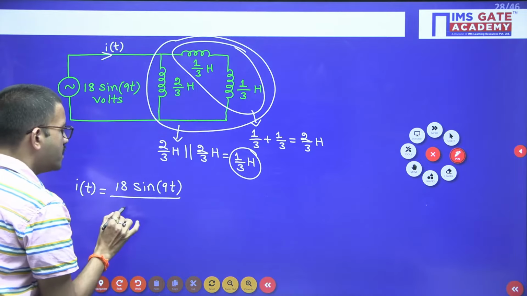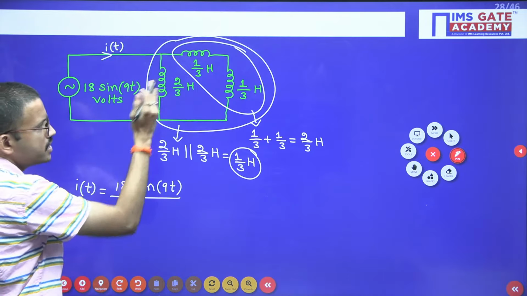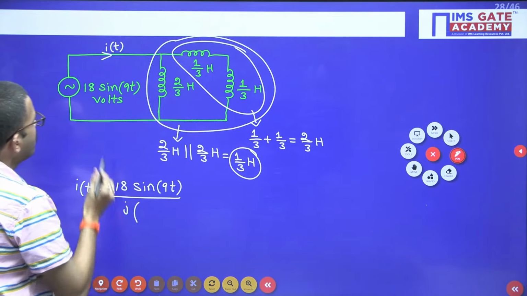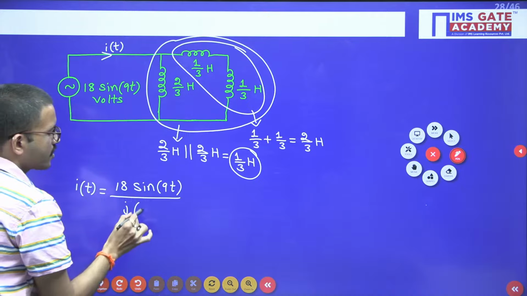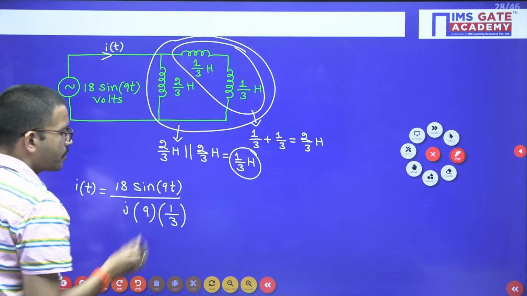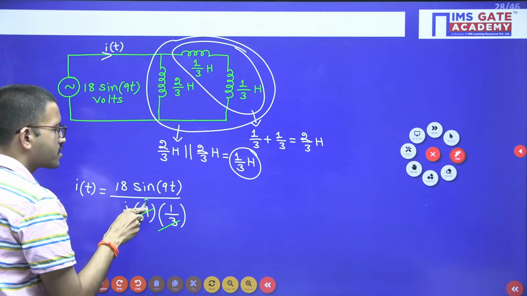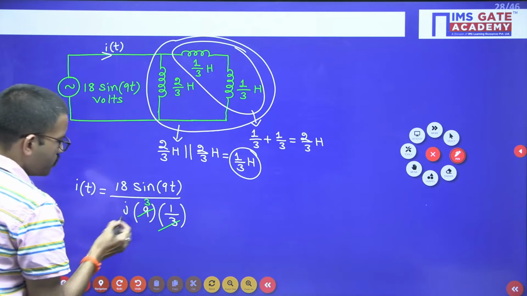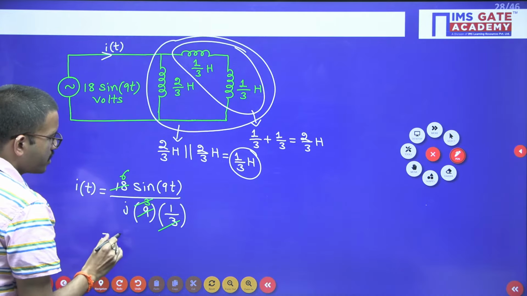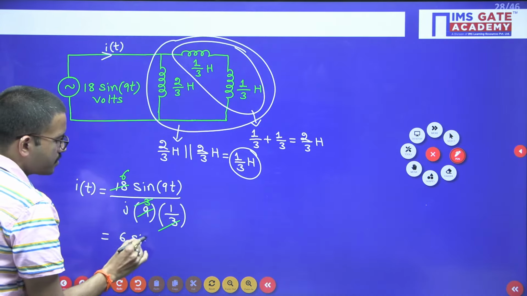Because it is an inductor, the impedance is j omega L, which is J into omega value 9, L value 1 by 3. So here 3 times, 3 6 times. So 6 sin 90.